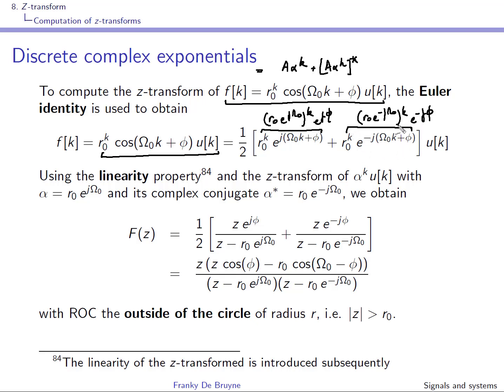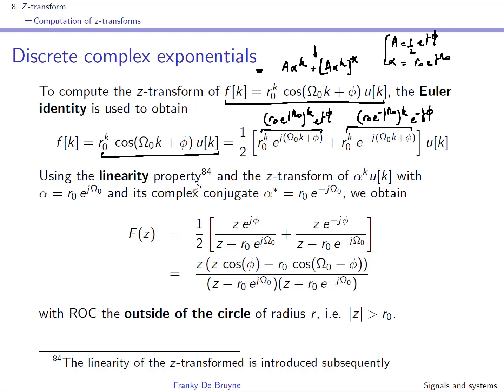So indeed what we have shown is that you can rewrite it like this, where a is equal to a half exponential of j phi, and alpha is equal to r0 exponential of j omega 0.